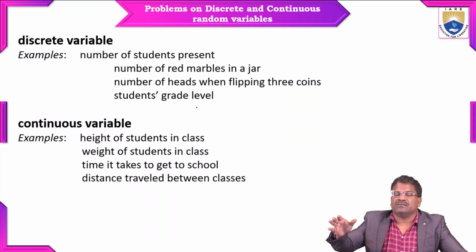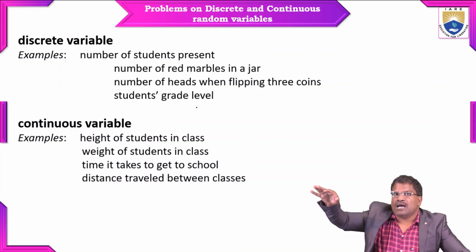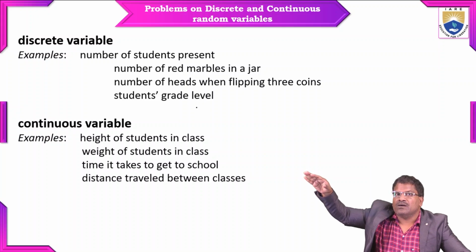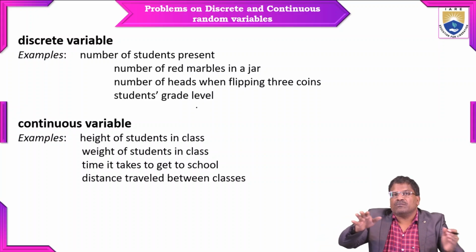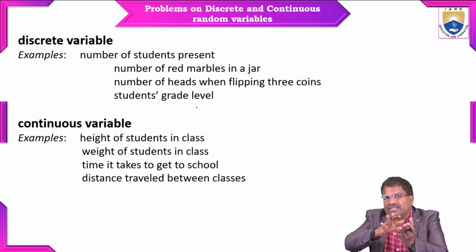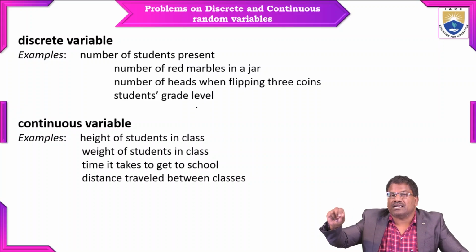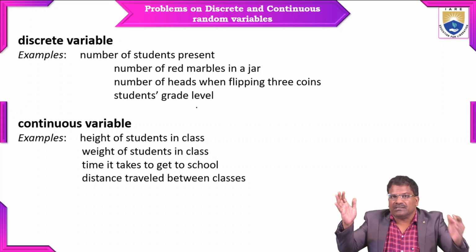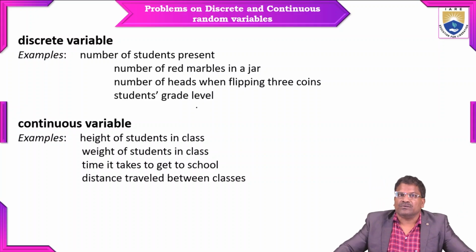Height of students means some student may have 155 centimeters, another 158 centimeters, some tall student may have 161 centimeters, some shorter may have 152 centimeters. So it goes over a range from 150 centimeters to 165 centimeters. Here that parameter, height, lies between some interval, some class interval, some range.